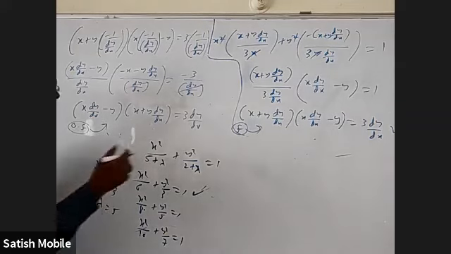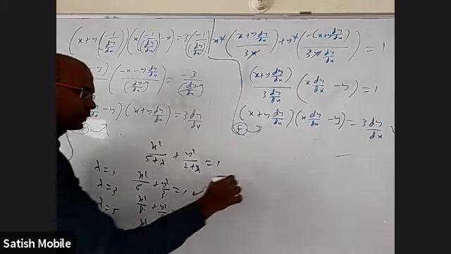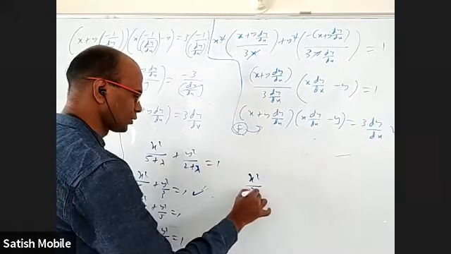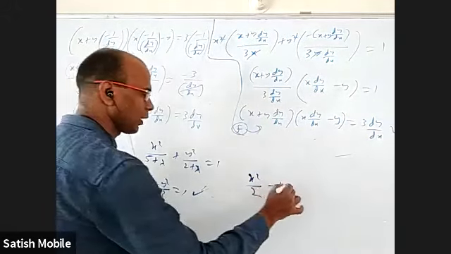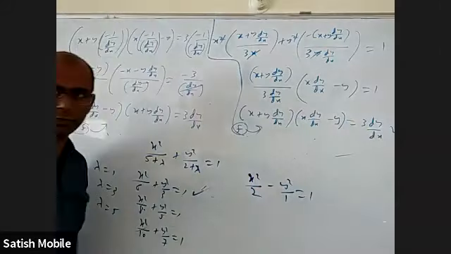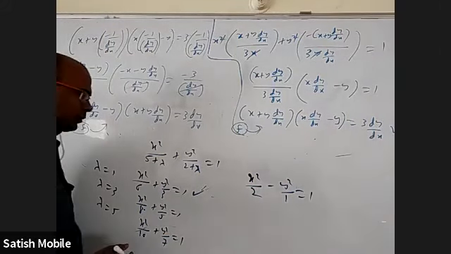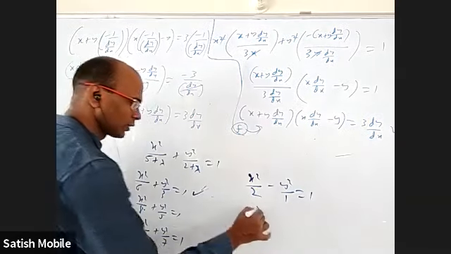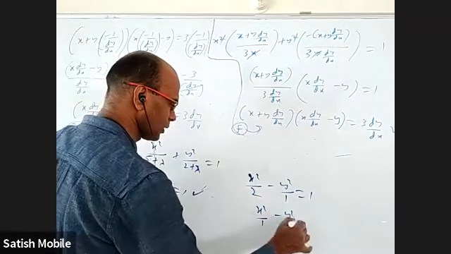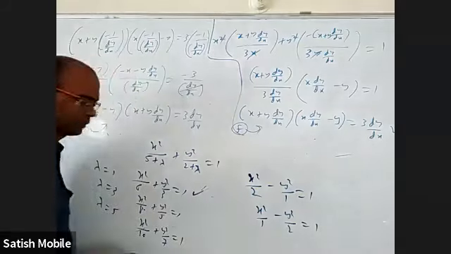How? You take lambda equal to minus 3. What happens? We'll get x square by 2 and here we'll get minus y square by 1 equal to 1. If you take lambda equal to minus 4, this will be x square by 1 minus y square by 2 equal to 1. Okay.